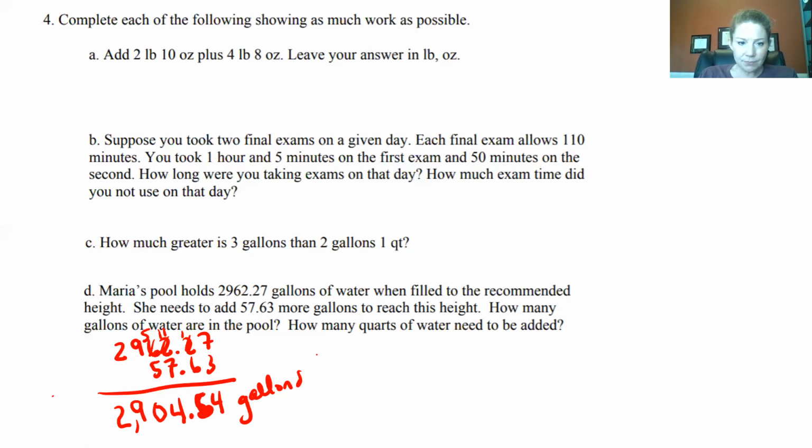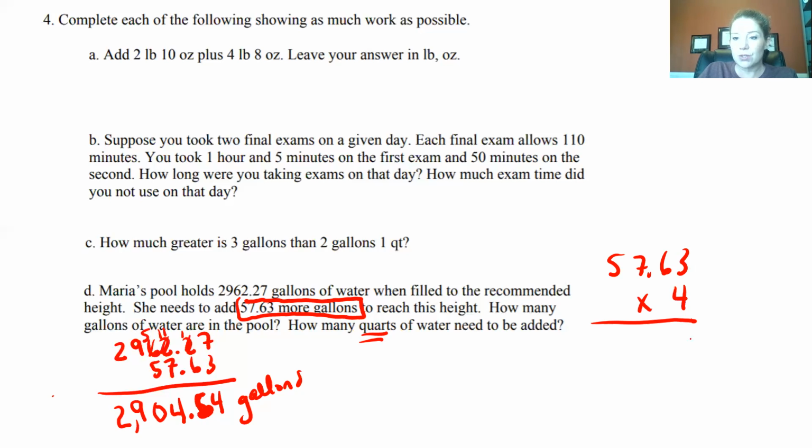And then the question is, how many quarts of water need to be added? So basically, we're adding this many more gallons, and the question is, how many quarts? Well, how many quarts are in a gallon? The answer is 4. So if we need 57.63 gallons, how many quarts? Well, we got to multiply by 4.